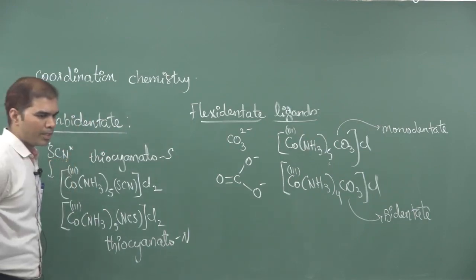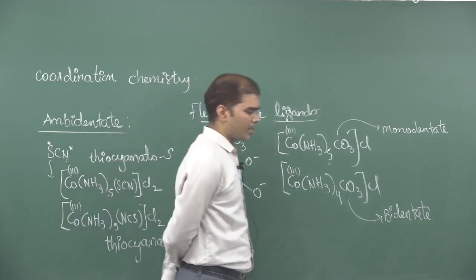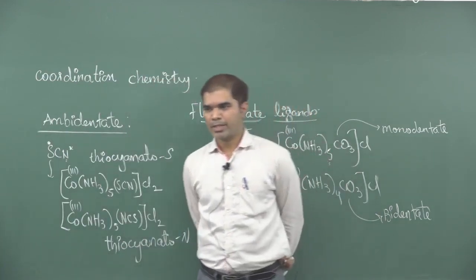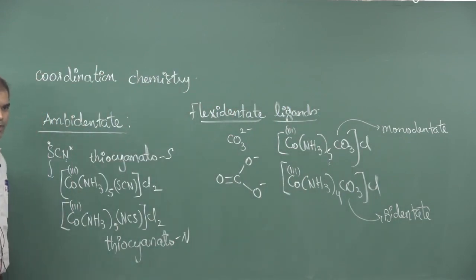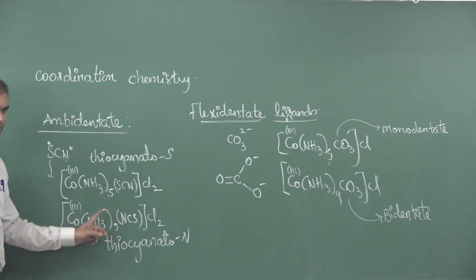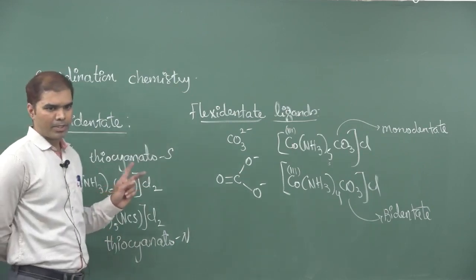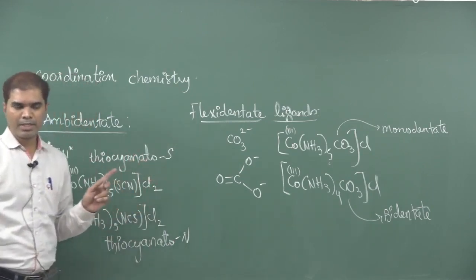There are two different namings for it. One you call thiocyanate, isothiocyanate, that is one type of naming, or you may call it thiocyanate S if it is binding with sulfur, thiocyanate N if it is binding with nitrogen. So either thiocyanate, isothiocyanate, or thiocyanate S, thiocyanate N.